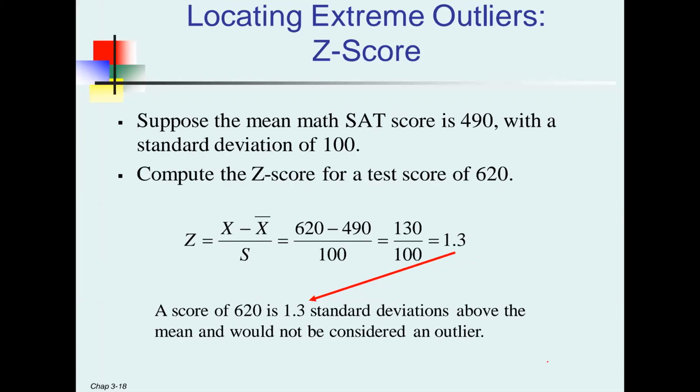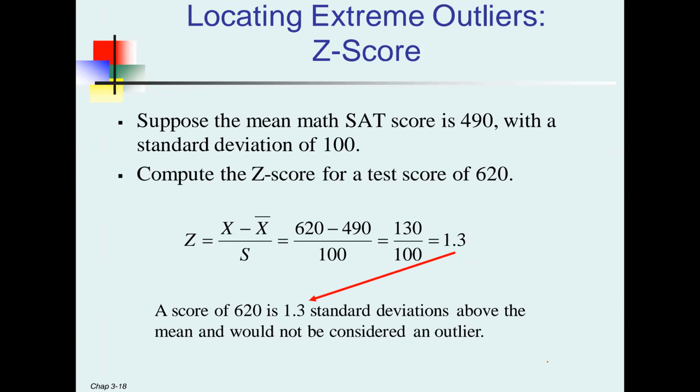The good example that we have is that if you have the mean score of 490 with a standard deviation of 100, then the question is, can you compute the Z-score for a test score of 620? So in short, we are looking at the scores, right?